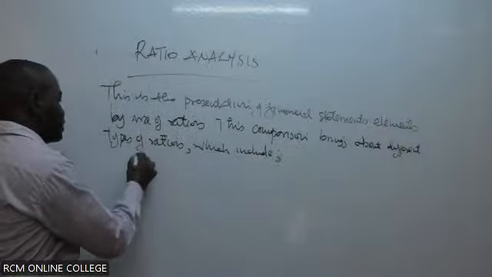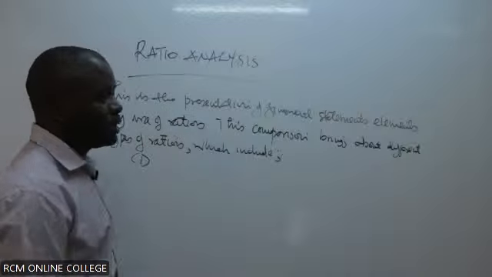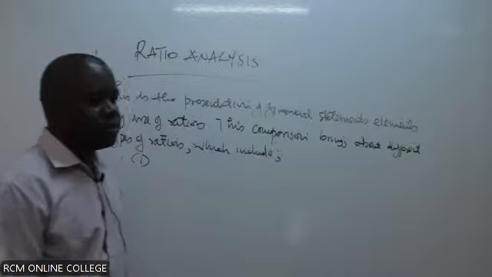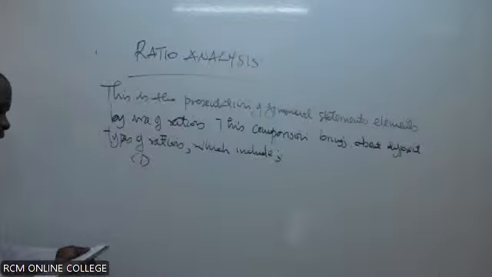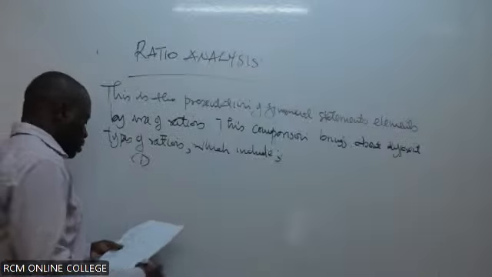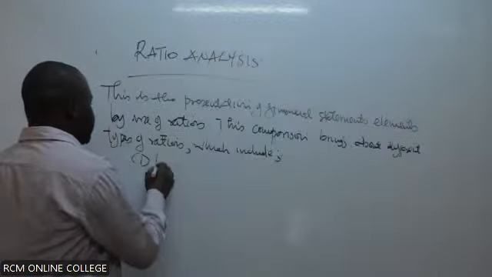So you can list the types of ratios there. These types of ratios will likely include profitability ratios.